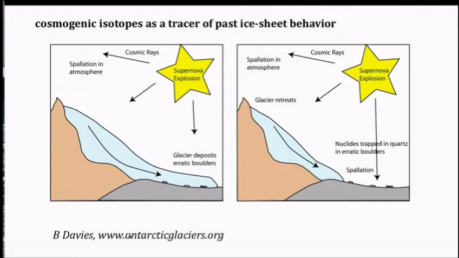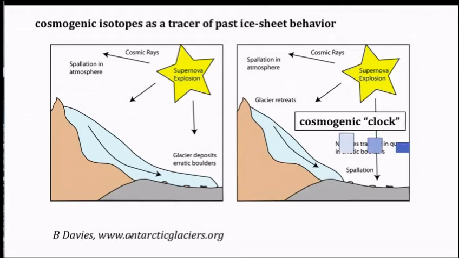And so when a glacier retreats, you have this spallation occurring on bedrock, and this starts what we call a cosmogenic clock, with regions that became ice-free earlier having a higher concentration of these cosmogenic nuclides than regions that became ice-free recently. This method is especially powerful for telling us the last time that a landscape that is currently deglaciated was covered by ice. It gives us a sense of when the ice retreated from that location.